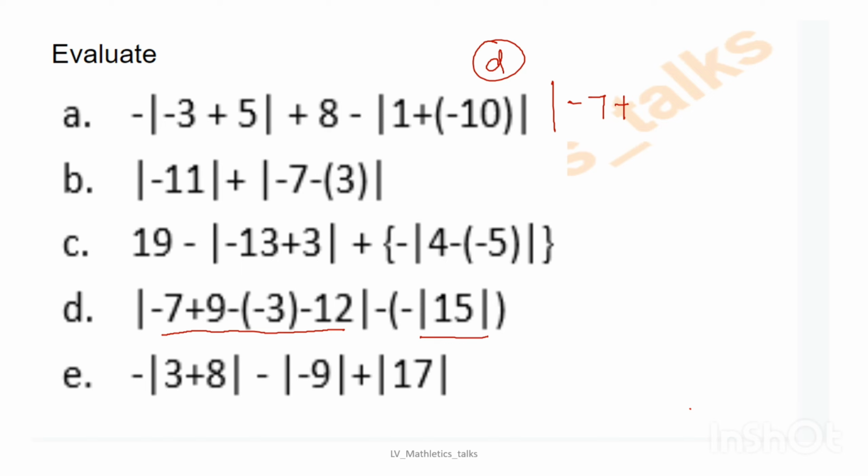So that will become 9 plus 3, 12, minus 12, minus of, then within the bracket minus 15. Right?